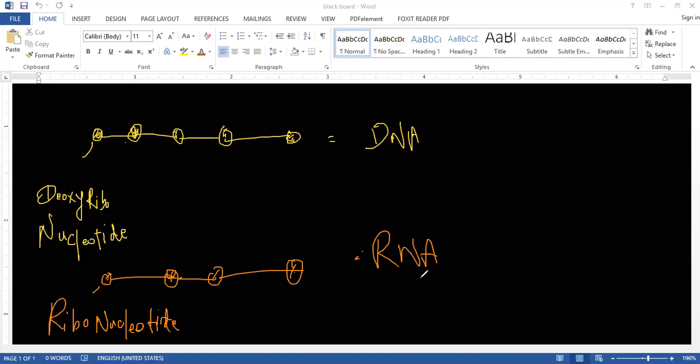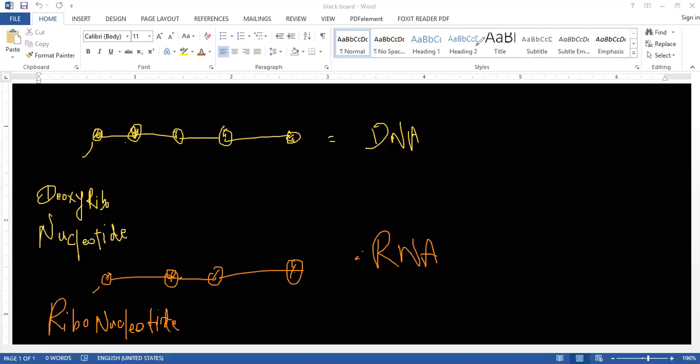So which means simply, like when amino acids connect together and form protein, deoxyribonucleotides connect together and form DNA, and ribonucleotides connect together and form RNA. So this is how it's happening.